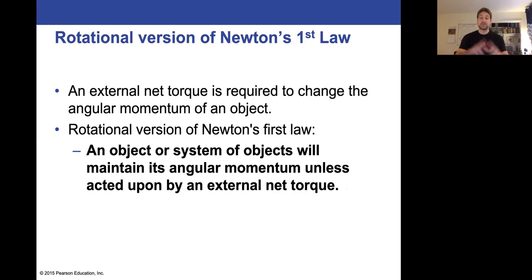So now that we have this torque, we can talk about Newton's first law for rotation. An object or a group of objects will maintain its angular momentum unless acted on by net external torque.